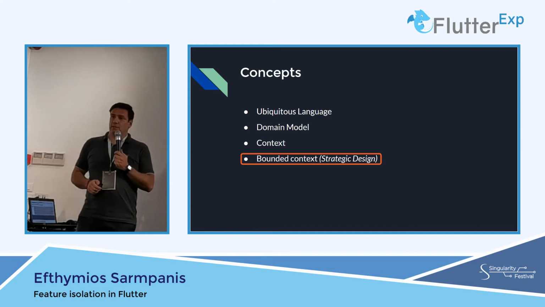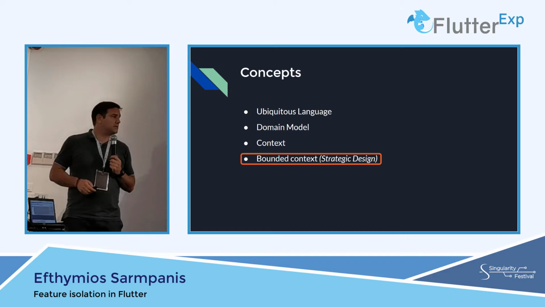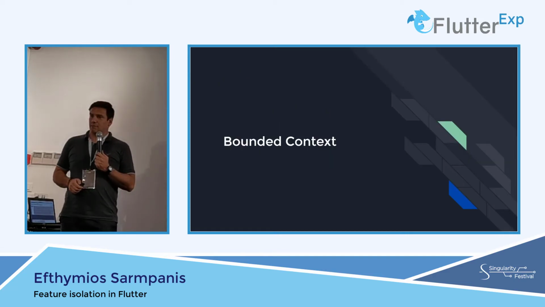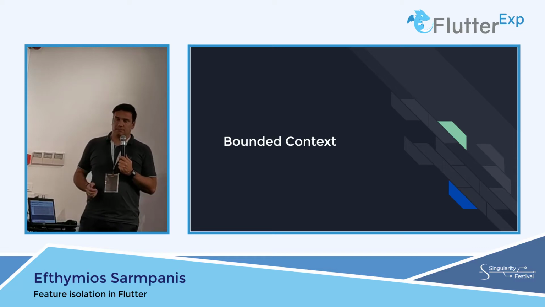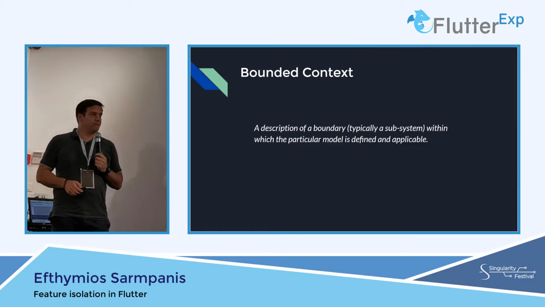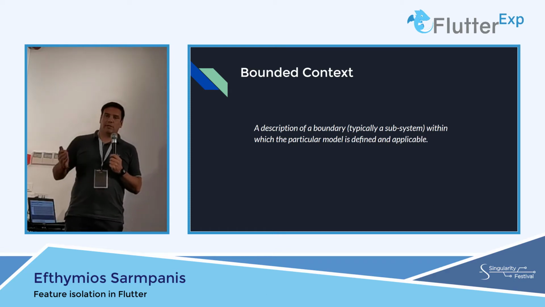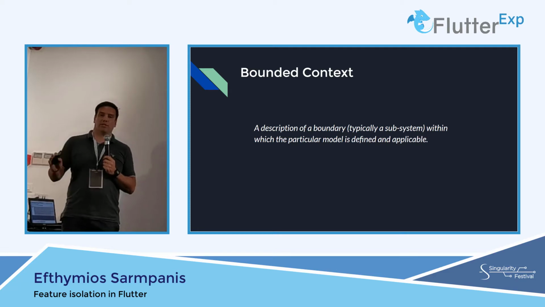Bounded context. This is actually what inspired feature isolation, and a bit about that. What is a bounded context? So, again, a definition. You have a description of a boundary around your domain model, which clearly sets the bounds of a certain sub-context.